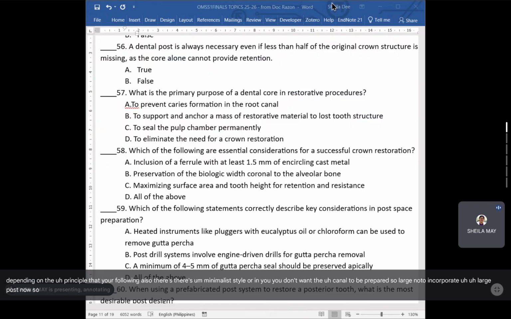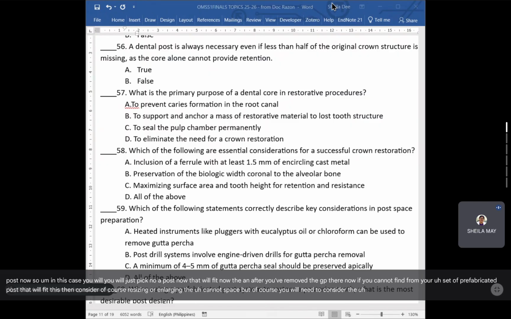In this case, you will just pick a post that will fit the canal after you've removed the GP there. Now if you cannot find from your set of prefabricated posts a post that will fit this, then consider, of course, resizing or enlarging the canal space. But of course, you will need to consider the surrounding remaining dentine around it.